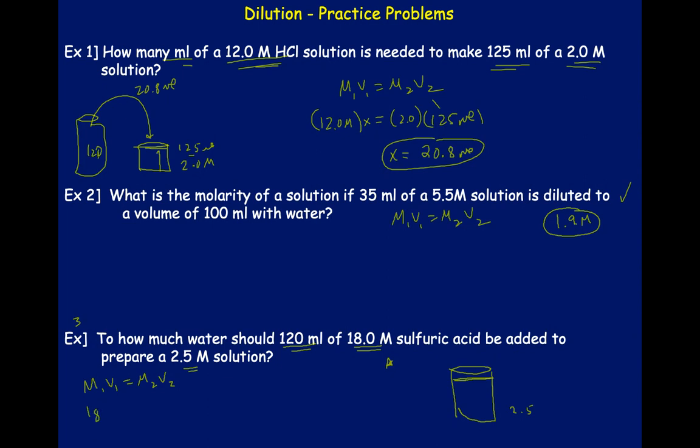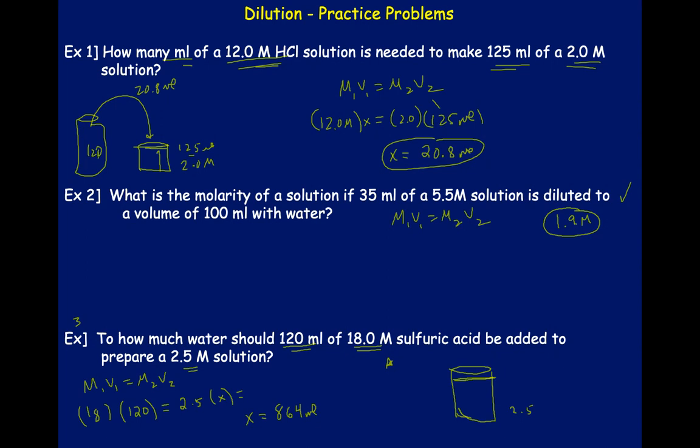We're going to start with 18 molar and multiply it by 120, and that's how many moles I have. We want to know what the final volume is going to be, so we have to solve for that. I want it to be 2.5 molar, so I have to work out that final volume, and that final volume is going to be 864 milliliters.